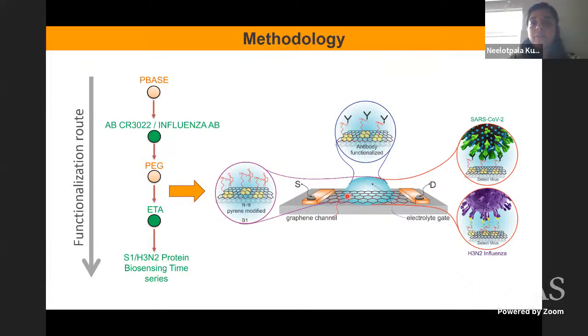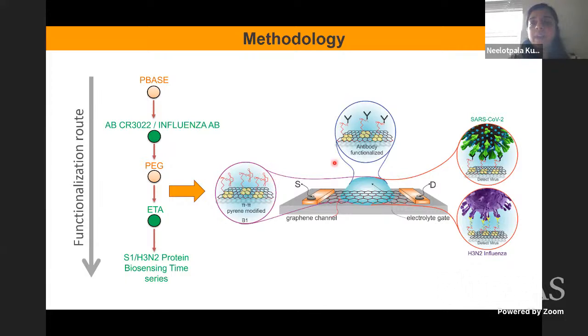Since we don't have any dangling bonds on it, it will be hard to functionalize or attach any antibody or any biological matter on top of it. So in order to introduce antibody functionalizing space over there, we first modify the surface of graphene using P-base, which is a pyrene-based molecule.